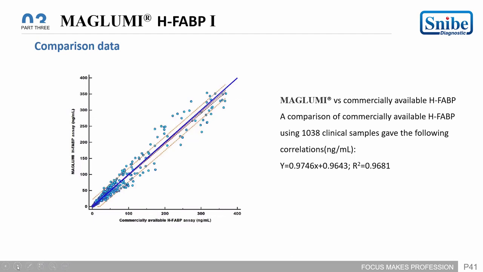So if we talk about the comparison of our Meglumi HFABP assay versus a commercially available HFABP assay, on the basis of 100,038 clinical samples used for the correlation in terms of nanogram per ml value, you can see here that the regression value is 0.97, 0.968.